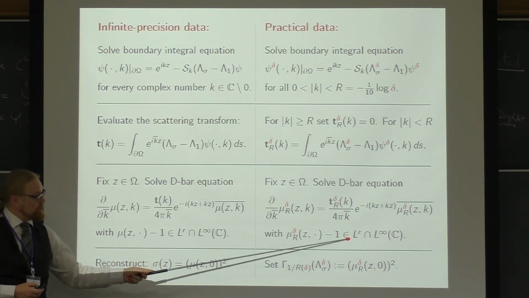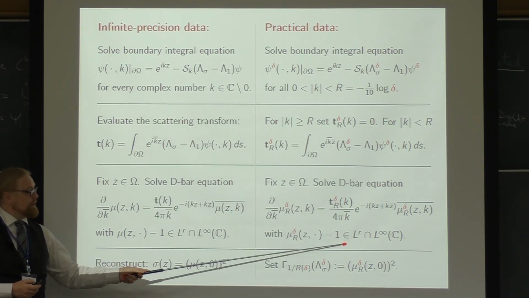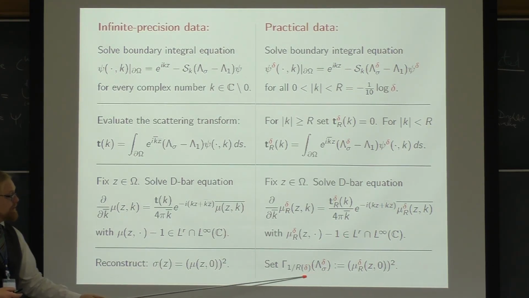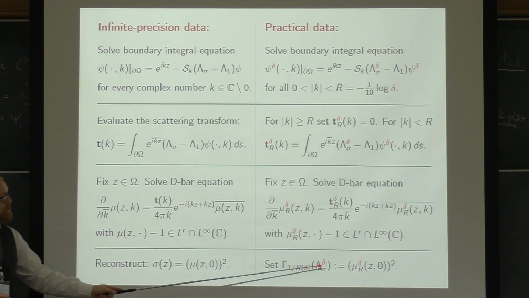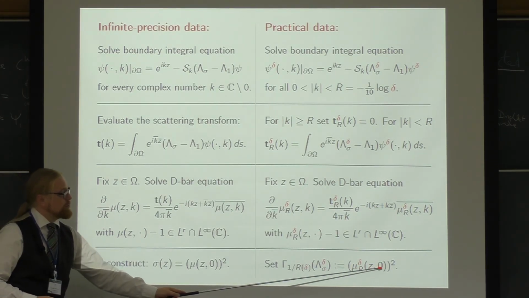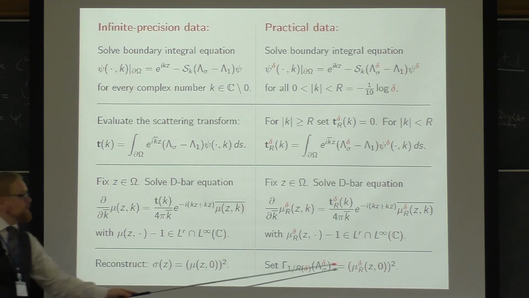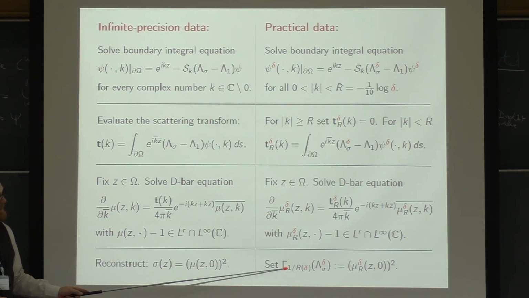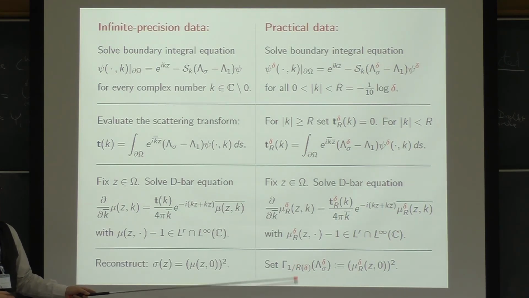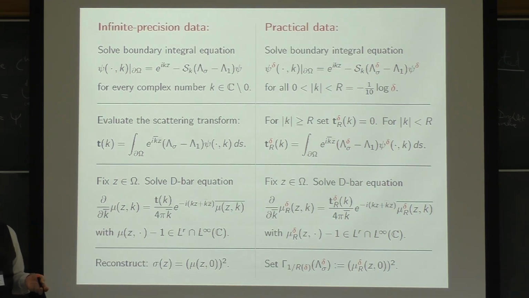So we can solve this one both theoretically and numerically, and then I will define our regularization strategy so that I will take the solution of this one and put k to 0. So it's completely symmetrical to here, and actually what happens here, this 1 over R will be the regularization parameter.